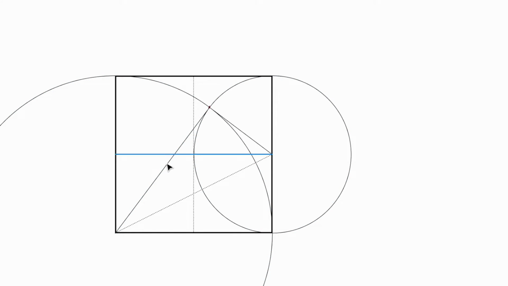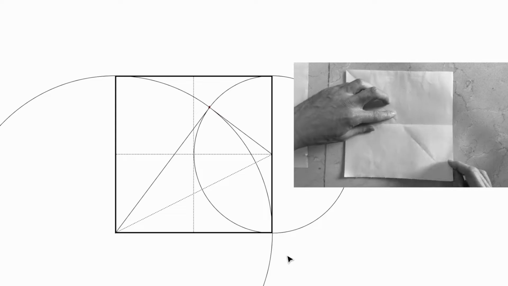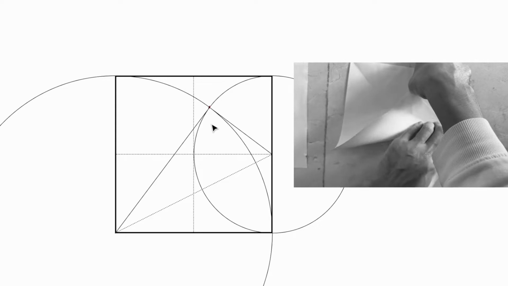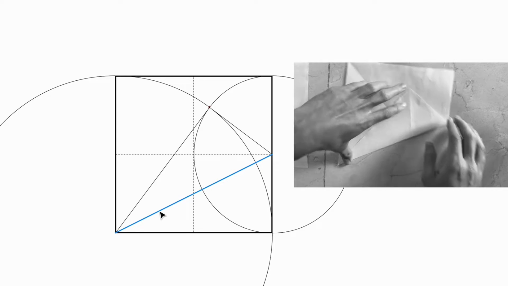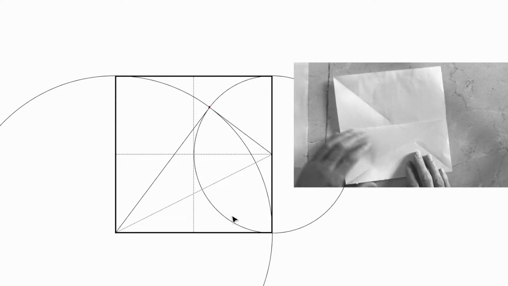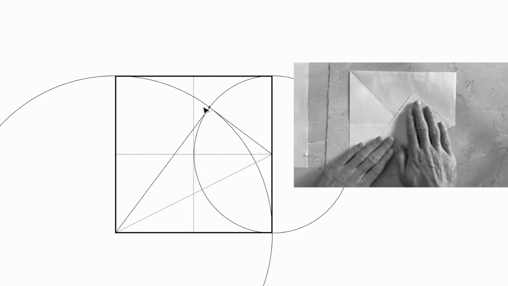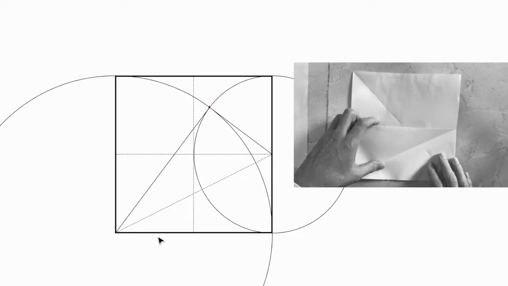Here are the radii. Here they intersect, and we fold the sheet to here. Here is the fold line, and we bring this corner here, and we get a triangle here.